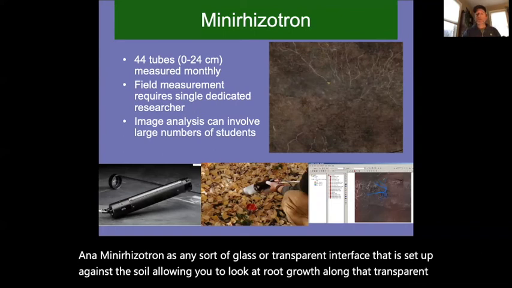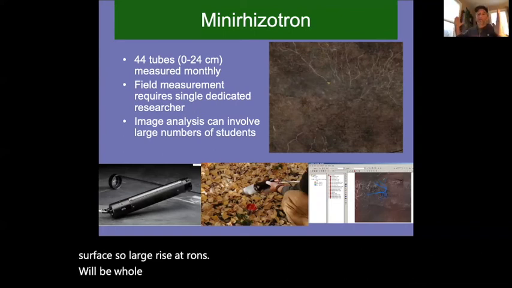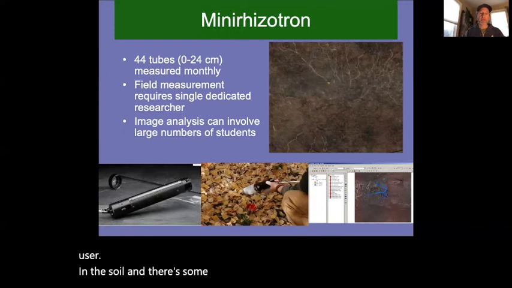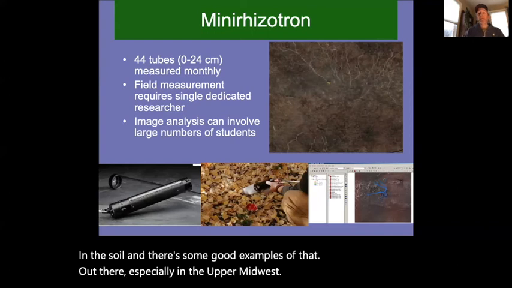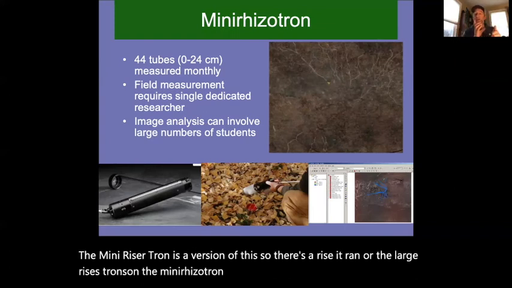So large Rhizotrons will be whole rooms with windows of transparent interface between the user and the soil. And there's some good examples of that out there, especially in the upper Midwest. The mini Rhizotron is a version of this. So there's the Rhizotron or the large Rhizotrons, and the mini Rhizotron is a small transparent interface.